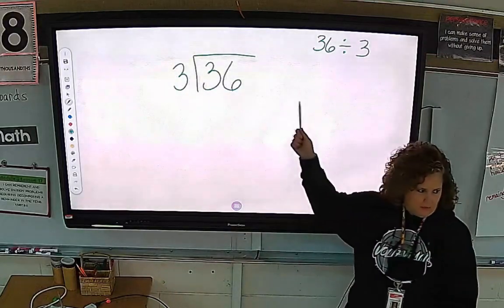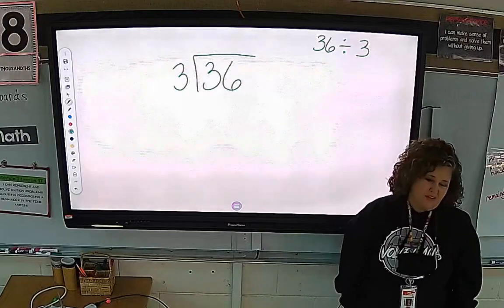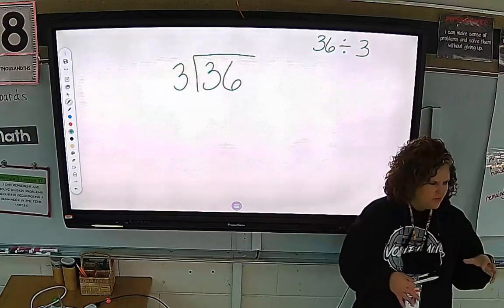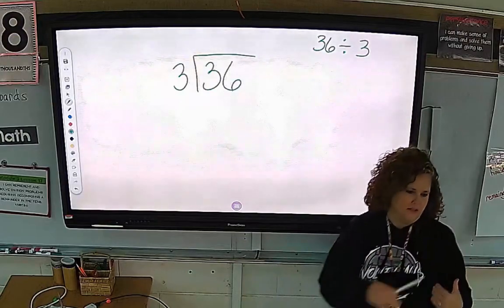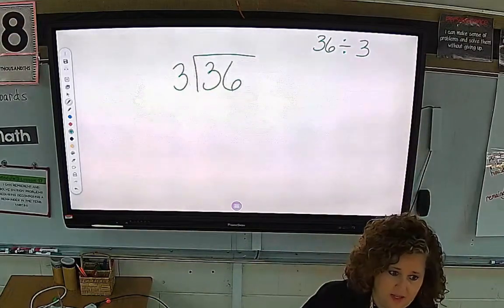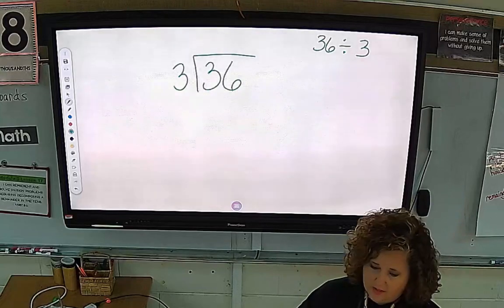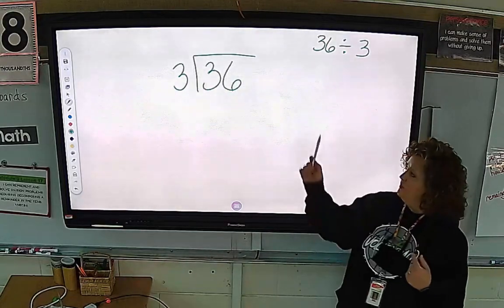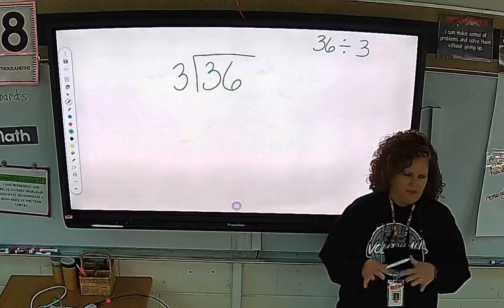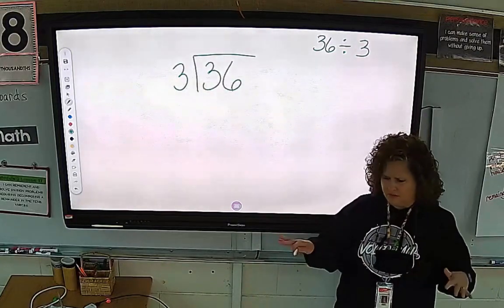It's not that way. Typically in 4th grade, the bigger number is going to be inside the division house and the smaller number outside. That's really how we start. Can you switch it? You can, but it's not the kind of division we're going to do this year at all.